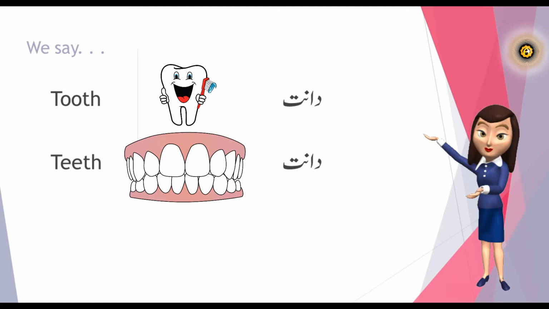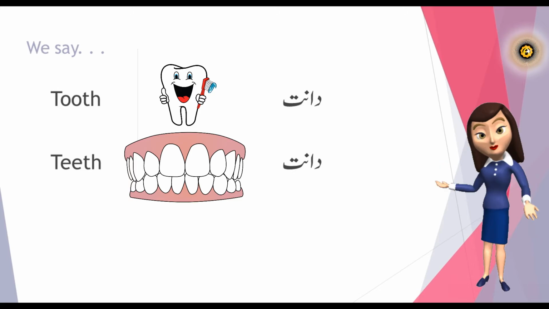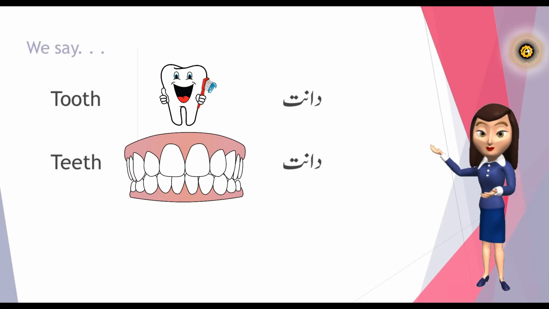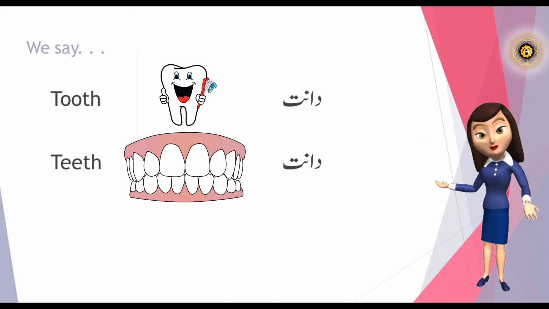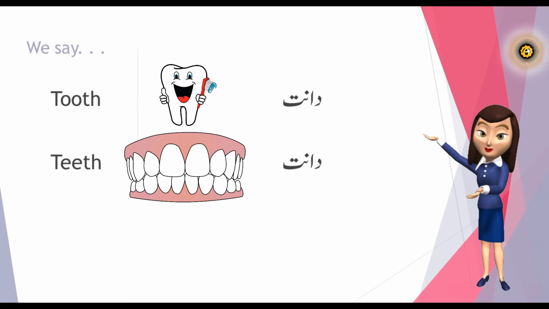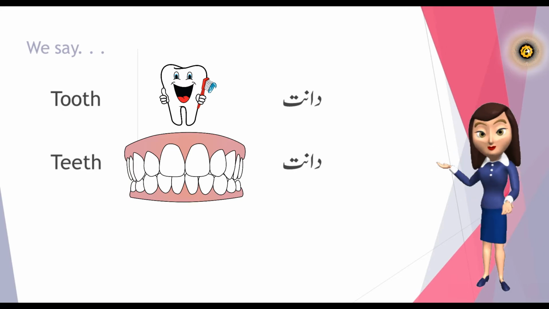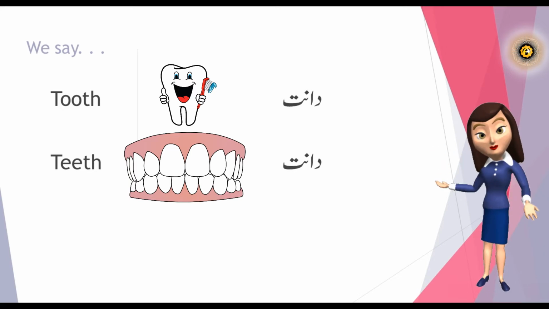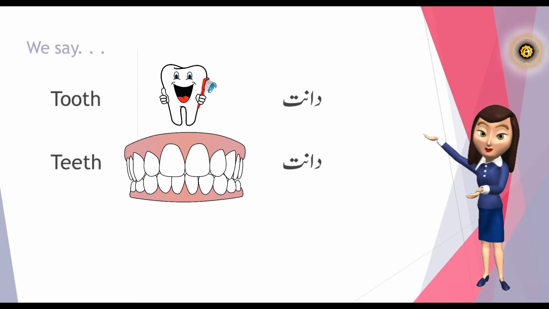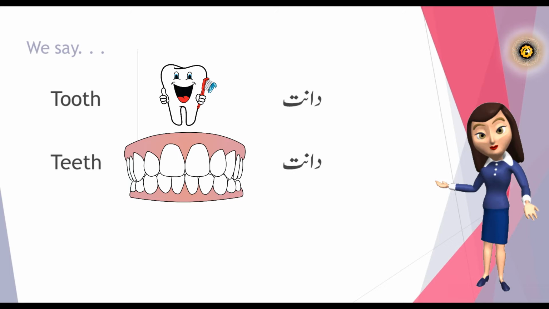I hope you do remember that the singular and plural, one thing and more than one things, are sometimes said the same way in Urdu. It is the same case with this word tooth. In English it is tooth, and in Urdu dant. Then in English it is teeth, and in Urdu dant.